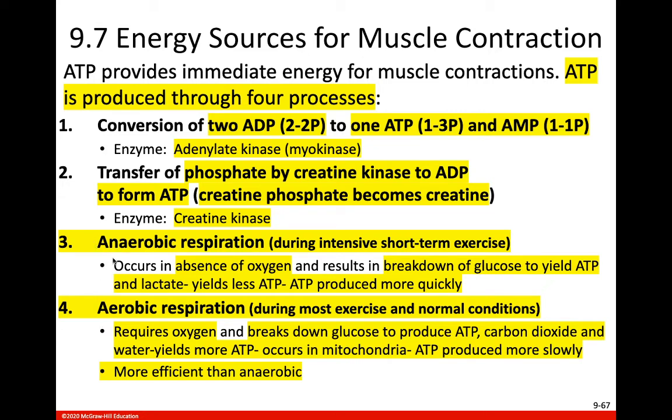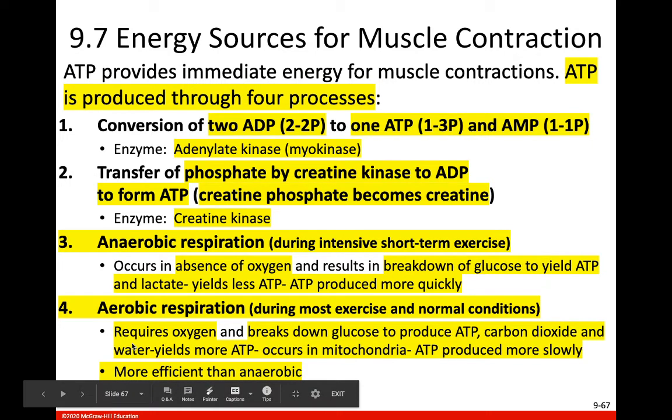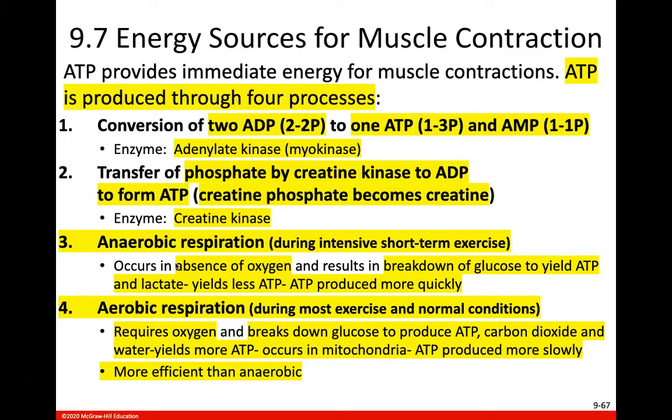The last 2 are processes that I know you have heard of before. This is going to be anaerobic and aerobic respiration. Again, anaerobic respiration occurs in the absence of oxygen. That's what anaerobic means, without oxygen. And this is mainly going to be used when you're doing brief, powerful contractions.